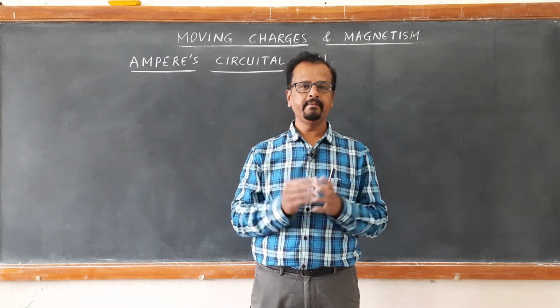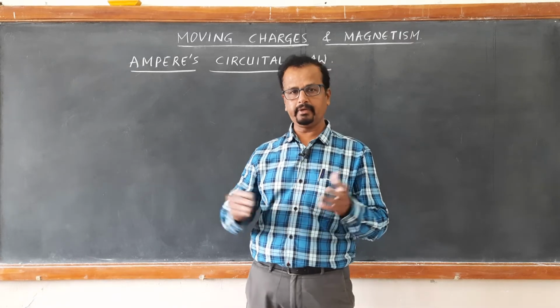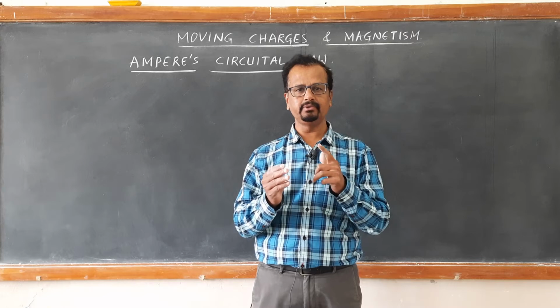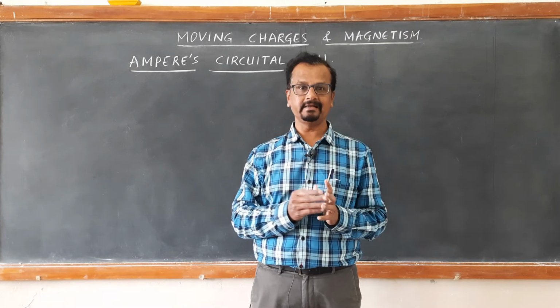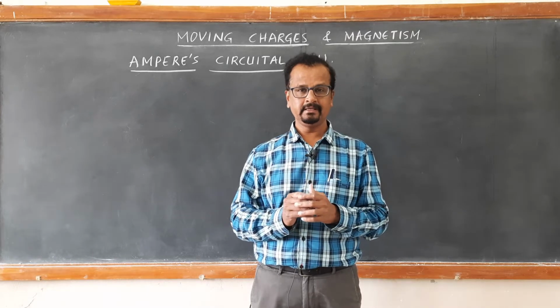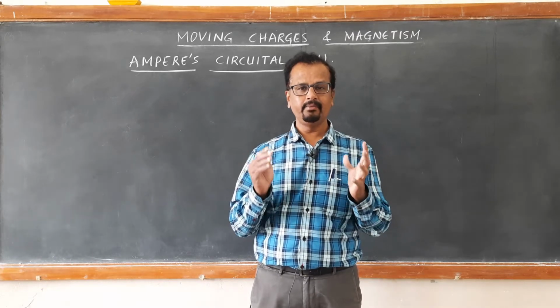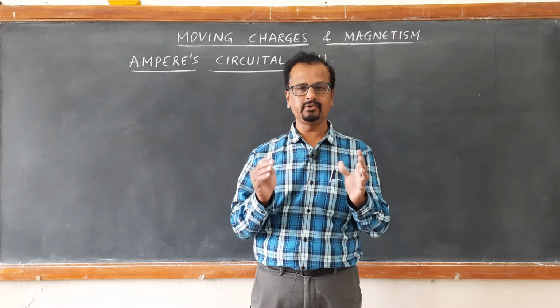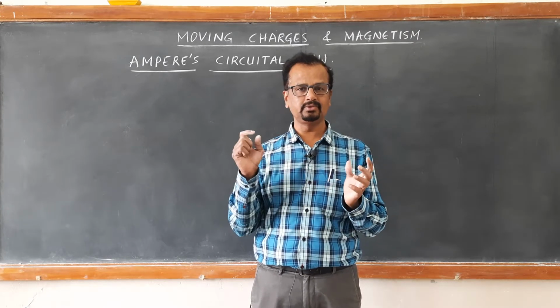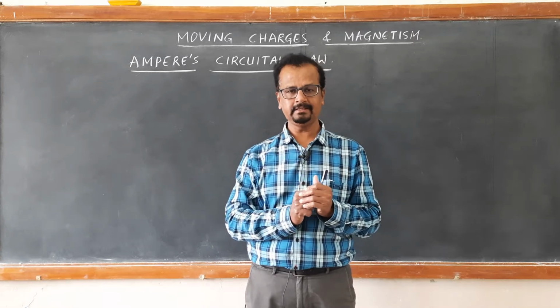Now, Ampere Circuital Law is another law to find the magnetic field due to such current carrying conductors. It is another form of the Biot-Savart law, we can say. It is a very simple and convenient way to find the magnetic field due to current passing through a particular area, right?